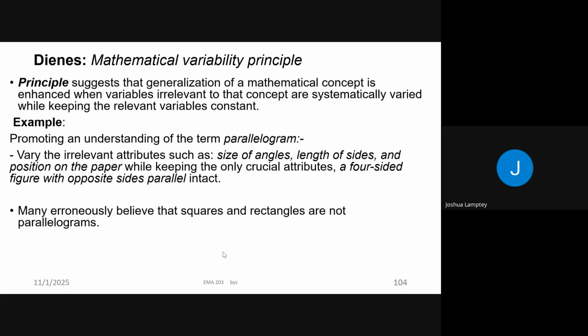Please, when you talk of a parallelogram, make sure you bring that word opposite: two pairs of opposite sides. If two sides are parallel, it doesn't make it a parallelogram. You need two pairs of opposite sides.